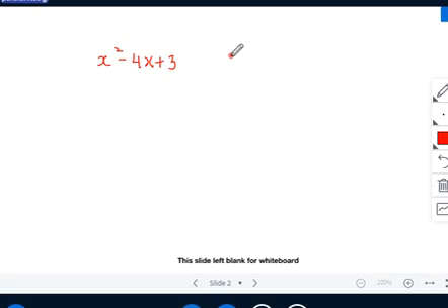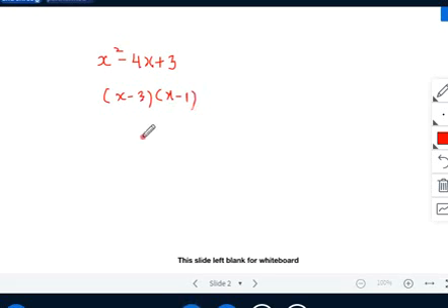So it will be negative 3, negative 1. So x minus 3 in brackets and then x minus 1.